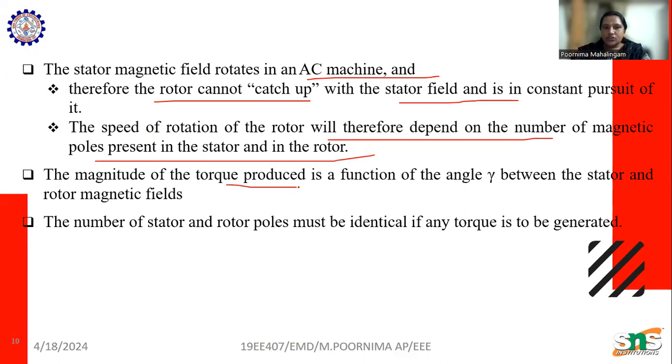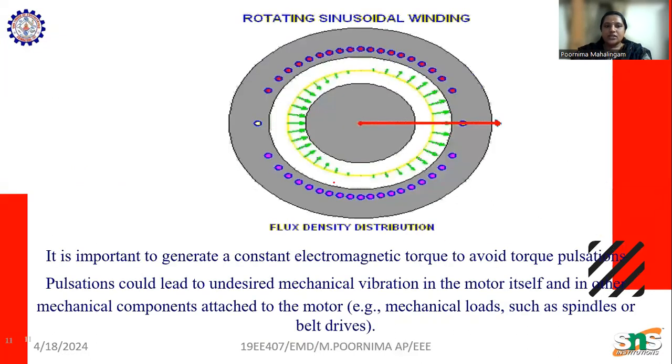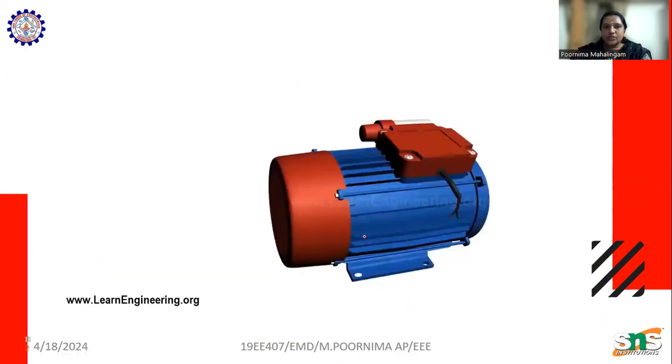The torque produced is a function of the angle between the stator and rotating magnetic fields. The number of stator and rotor poles must be identical if torque is to be generated. Here we can see in this picture how the flux density is distributed.